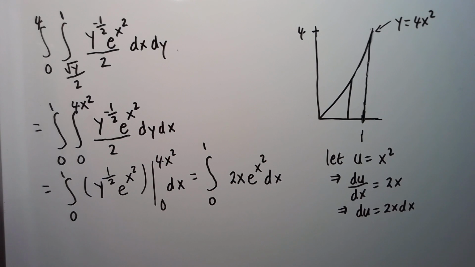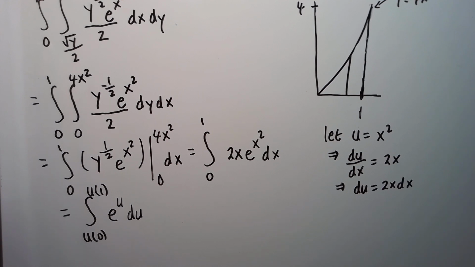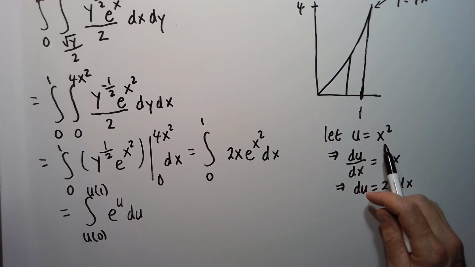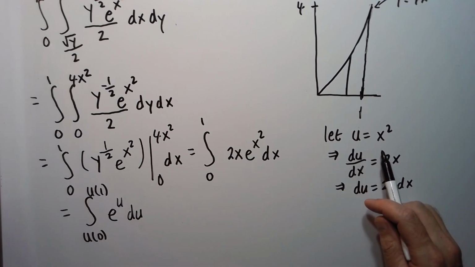So let's make the u substitution now. So making the u substitution, we'll have the integral from u of 0 to u of 1 of e to the u du. Now u of 1, putting 1 here, u will be 1 squared, so it'll just be 1, and u of 0, putting 0, will be 0.